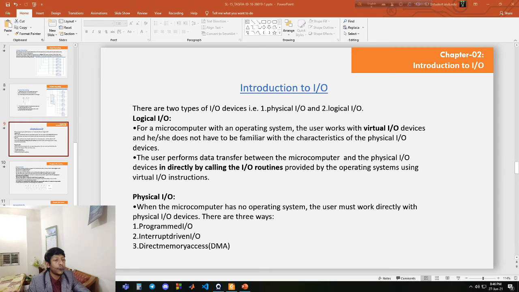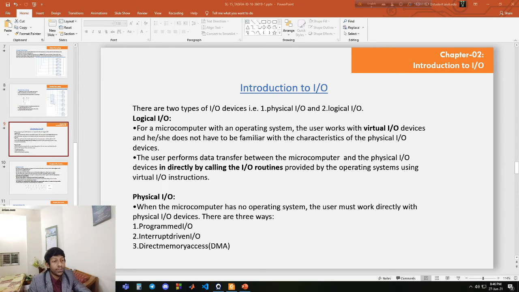The second is physical I/O, which is mostly user-inputted I/O devices. The user can directly access the I/O devices to input values and get output from the microprocessor.